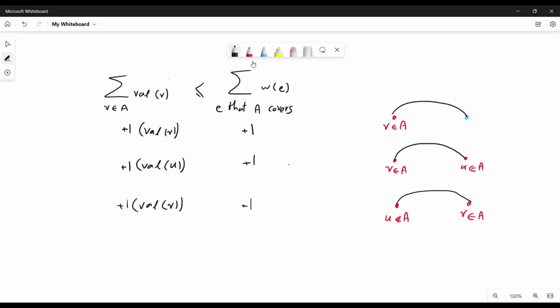U is coming before V. And also U is not in A, so it's not counted in the summation.